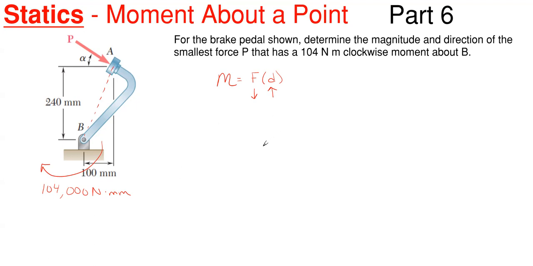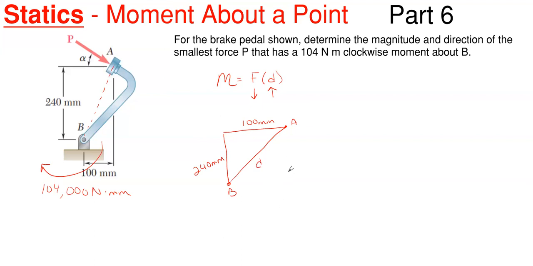If we write this out in a geometry format, this would be 100 millimeters, this is point A, this is point B, and this would be 240 millimeters. So I made this little triangle out of our dimensions, and this would be the largest distance I can have.